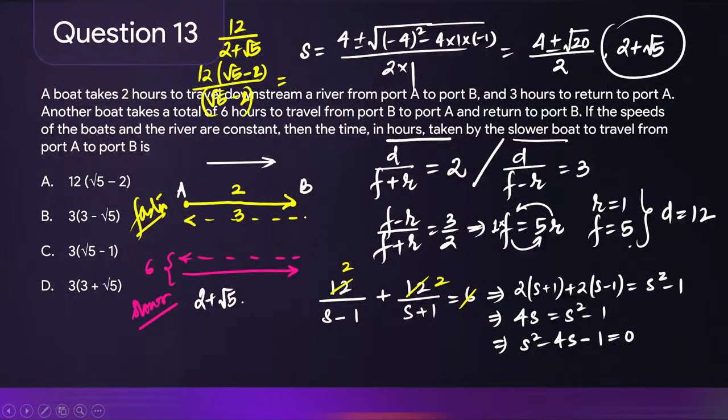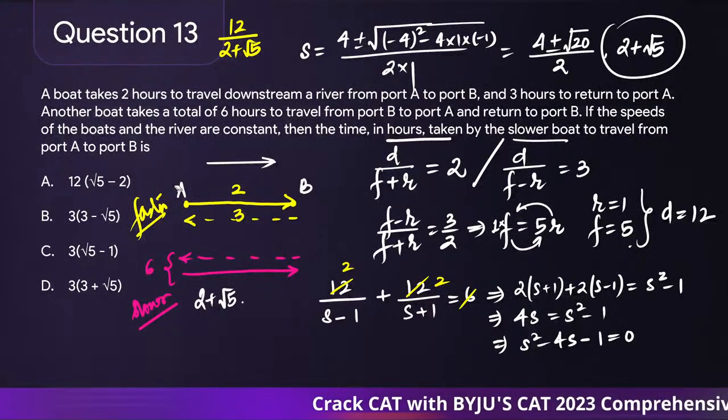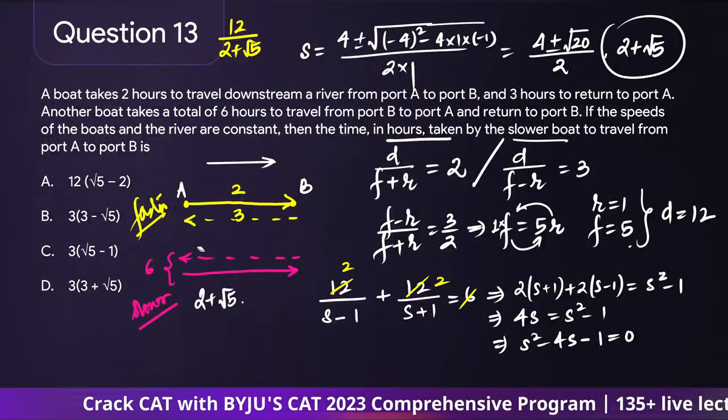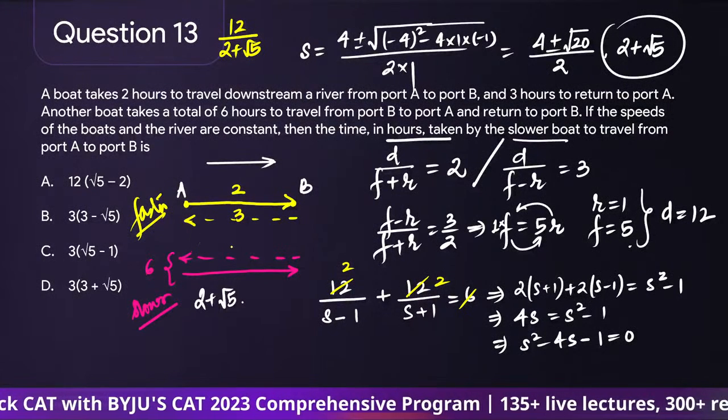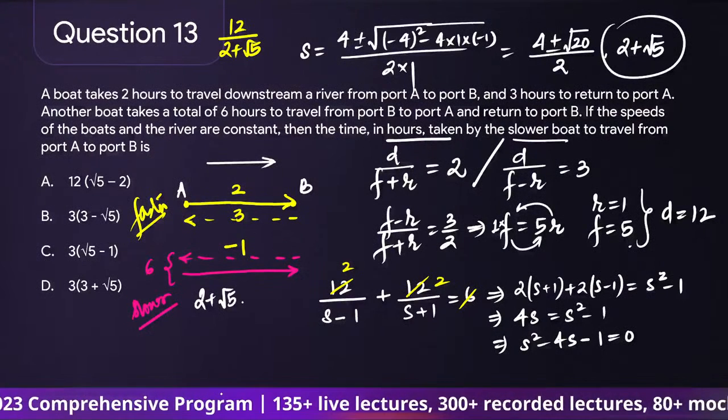This is this. Oh, sorry. We need to take care of the speed of the stream as well, isn't it? क्योंकि यहाँ पे उसको normal distance नहीं cover करना. It has to travel from port A to port B. So from port A to port B, since it's moving upstream, so a reduction of 1 is supposed to happen.